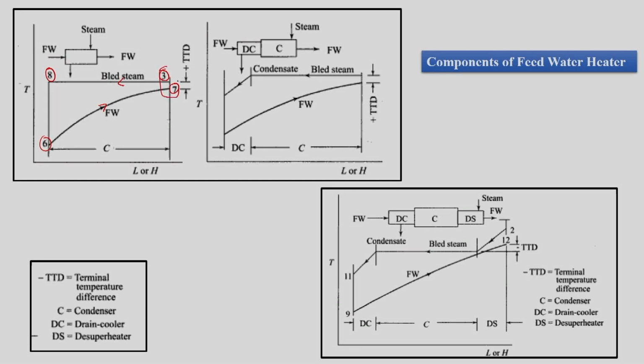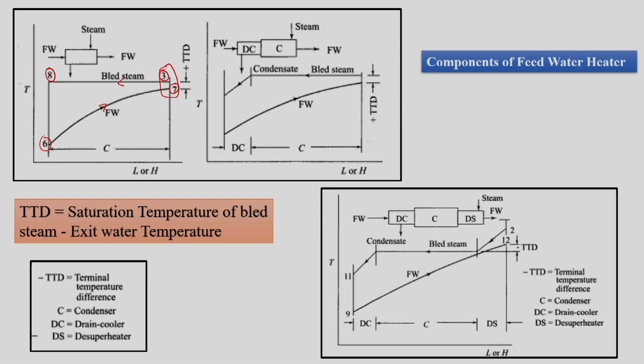This temperature difference is termed as TTD, and TTD is defined as the saturation temperature of bled steam minus exit water temperature. So, if we are having a low pressure feed water heater, then this TTD is always positive, since steam saturation temperature is more than the exit temperature of water.